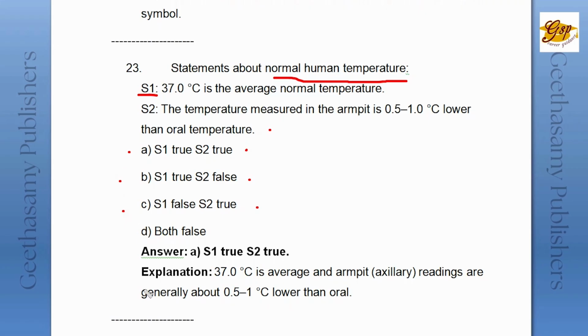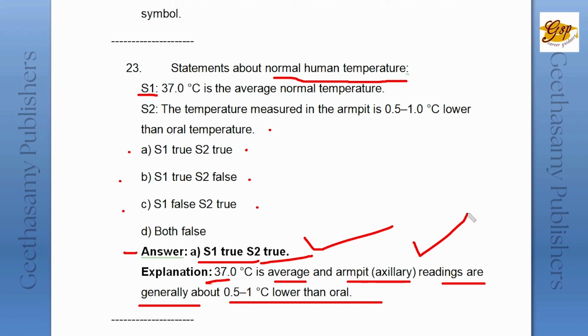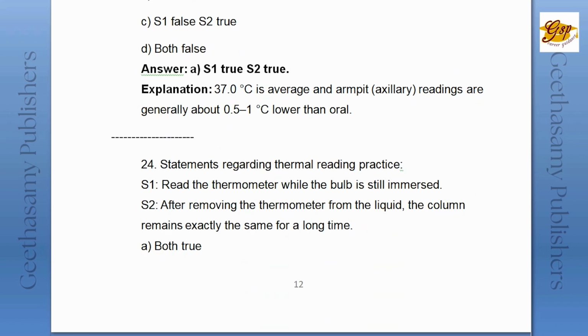The correct answer is A, that is S1 true, S2 true. Both are true. So the explanation is 37 degrees centigrade is the average, and armpit axillary reading is generally 0.5 to 1 degree centigrade lower than the oral. Fine.